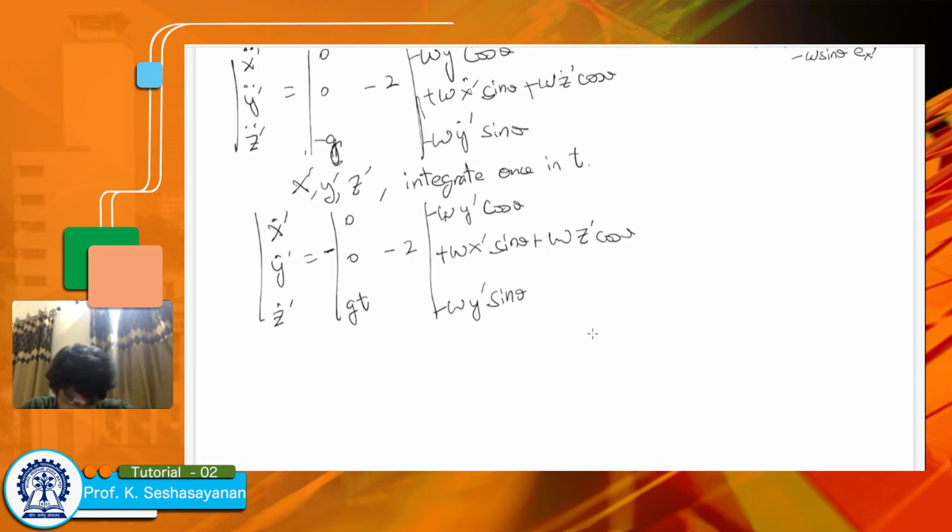What we see is that now we have to add constant terms C1, C2, C3 because we have integrated in time.